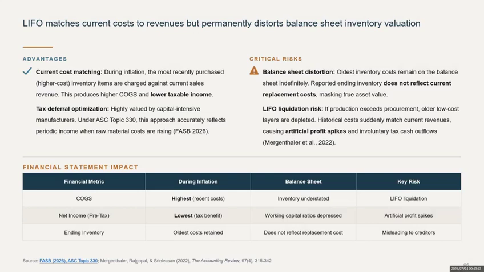This approach increases operating cost while reducing taxable profit, enabling companies to achieve tax deferral and optimize cash flow, so it is highly favored by manufacturing enterprises and recognized by U.S. accounting standard ASC Topic 330.